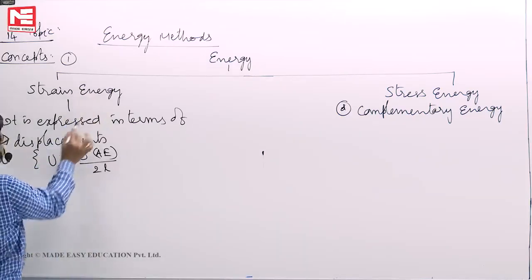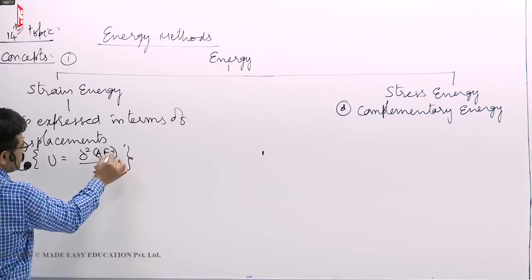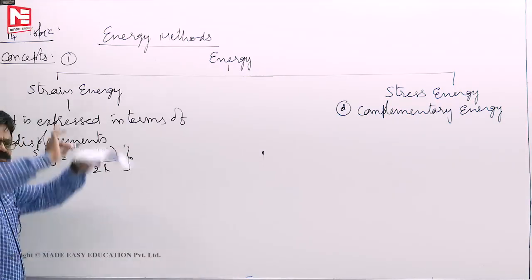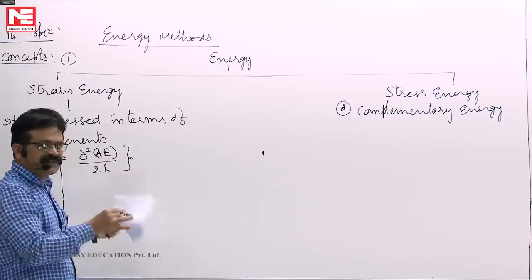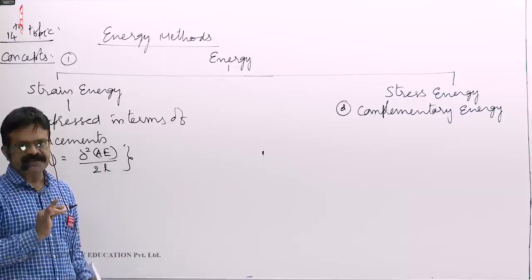So strain energy is expressed in terms of displacements in this fashion. For a single member you have been given; if a big structure is there, in terms of different displacements, we have to write the energy in terms of the displacements.